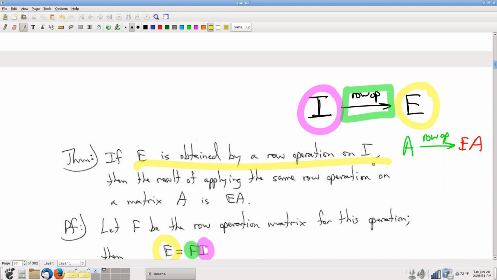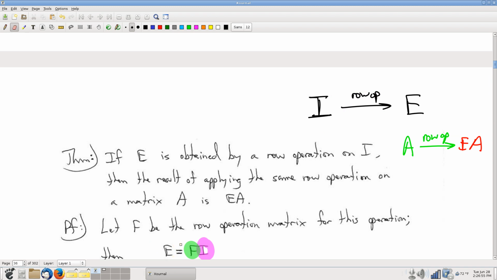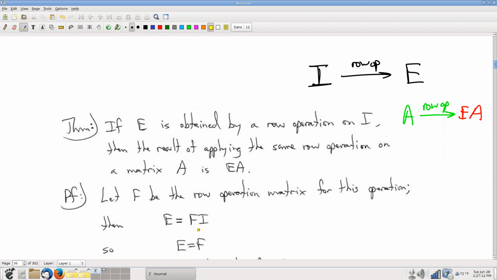Okay. All right, so what we have here, this little bit of algebra, is just an algebraic way of representing what we are given, that E is obtained by a row operation on the identity matrix.